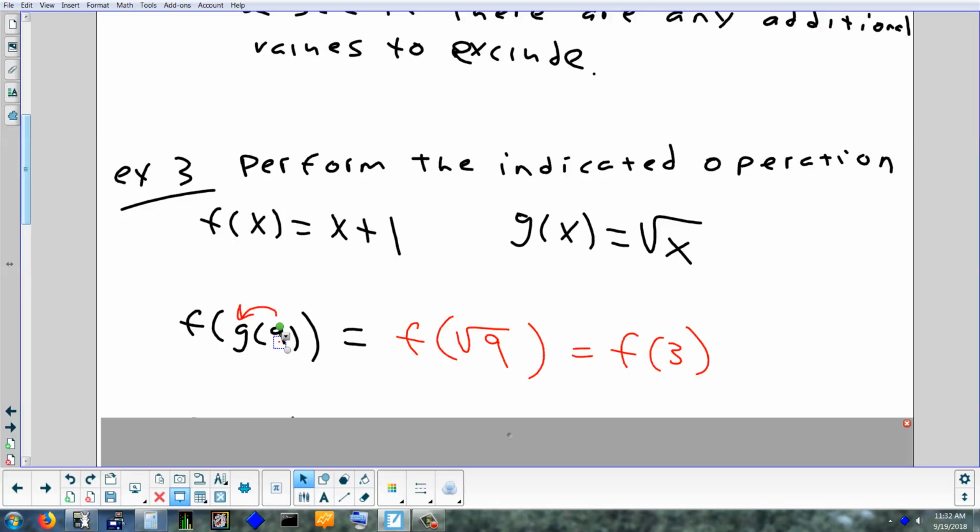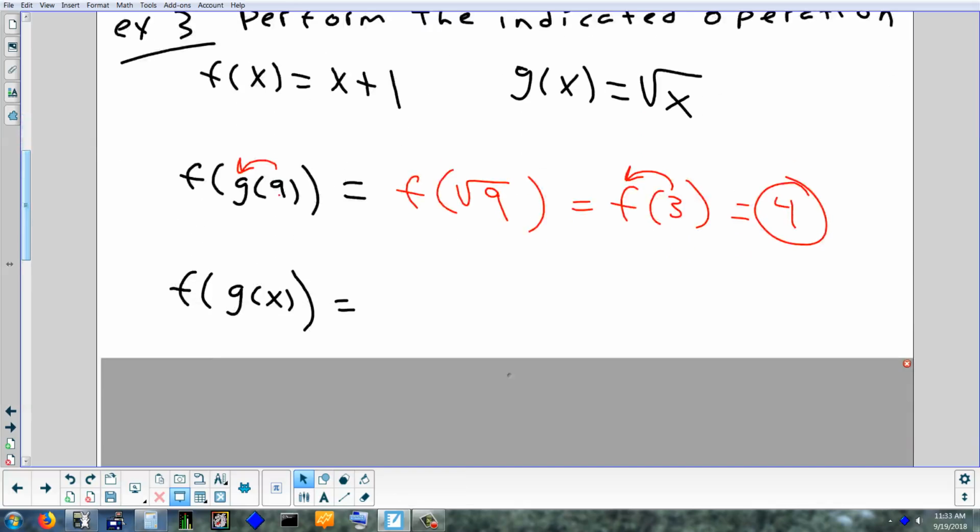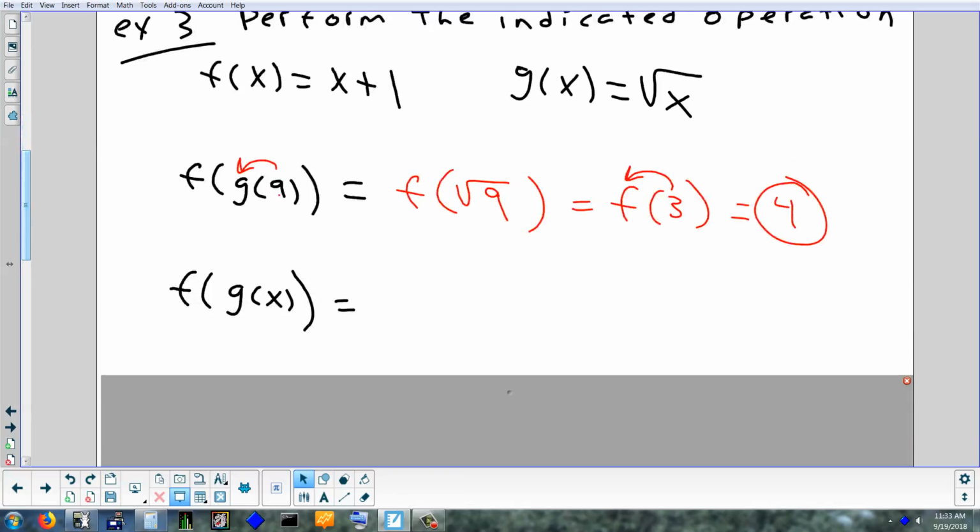You do the inner one, get the answer, and then plug it into the next one that's on the outside. So now plug 3 into f. 3 plus 1 gives me 4. So that's just evaluating something with a number. We're not really going to spend a lot of time on those kind. We're going to do more with these kind.